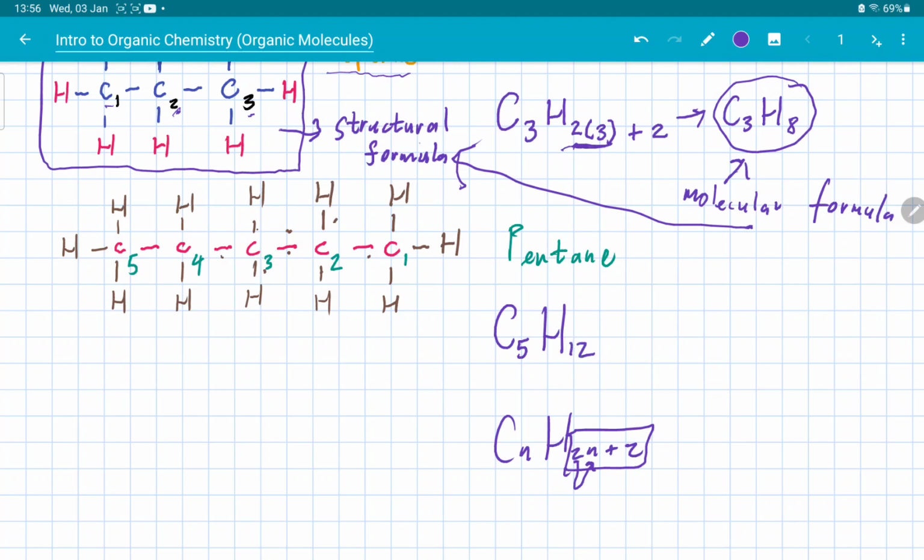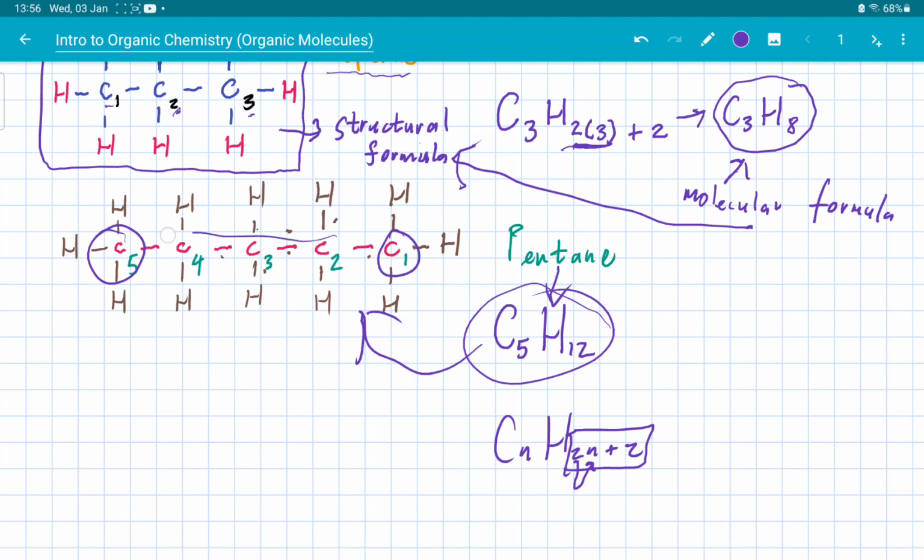So pentane has molecular formula C5H12. Its structural formula looks like this, where you have 5 carbons and the terminal carbons have 3 hydrogens, and then we have 3 other carbons in the middle, which are bonded to 2 hydrogens each. I'm going to stop the lesson here.